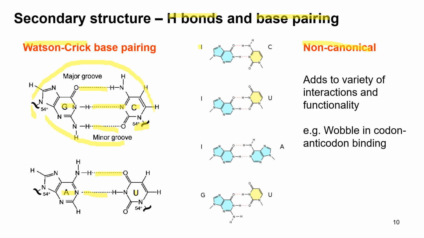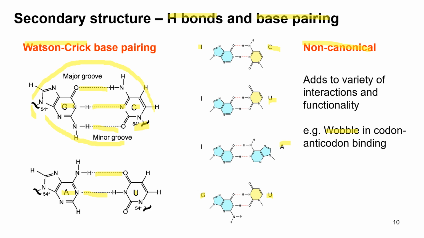So this is inosine, and this adds to the variety of interactions that RNA can form. For example, guanine can not only base pair with cytosine, but also uracil, and inosine can base pair with cytosine, uracil, and adenine. This allows for wobble base pairing in codon and anticodon binding, which we will go through later when we talk about tRNAs.